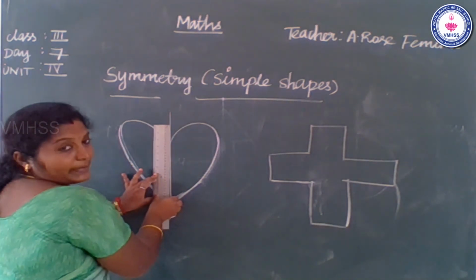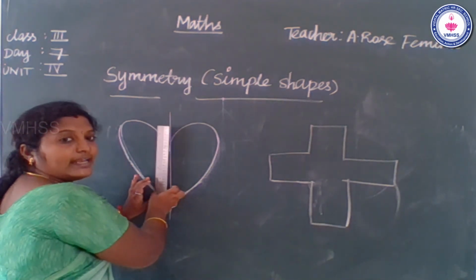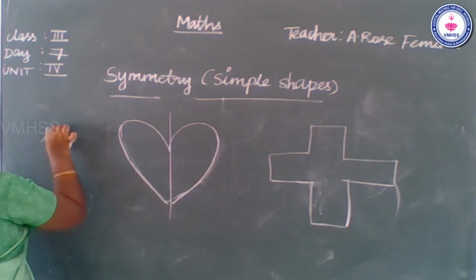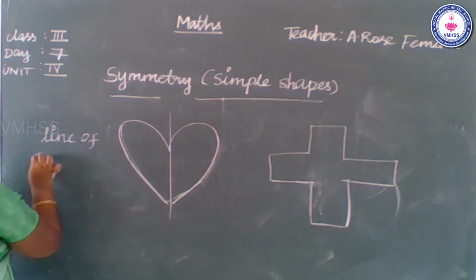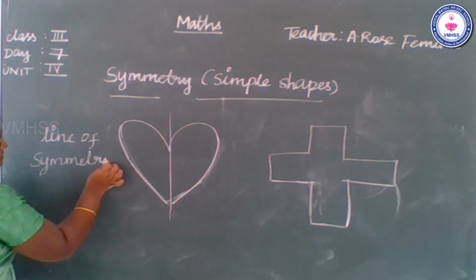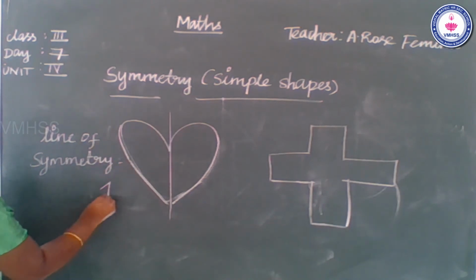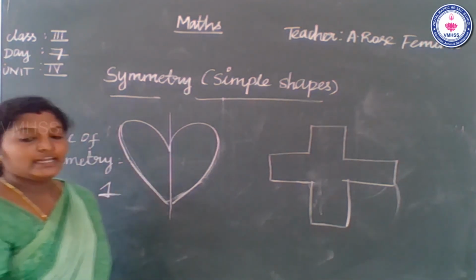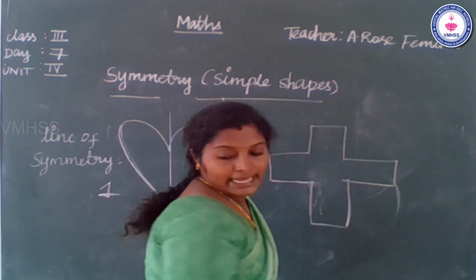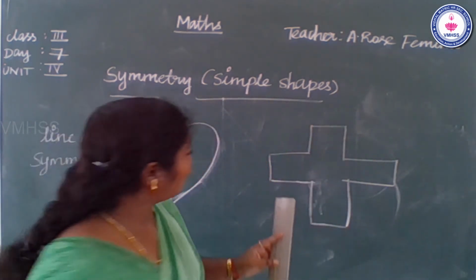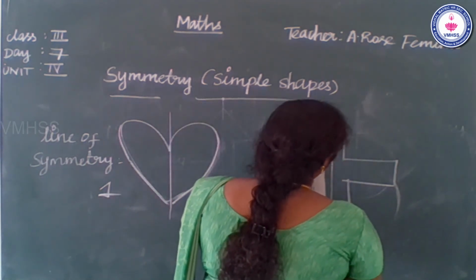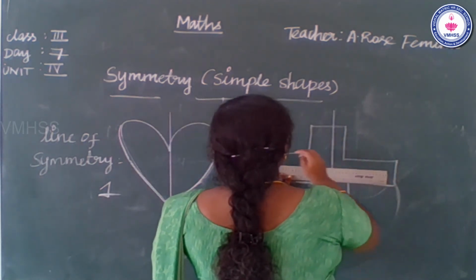So the line of symmetry is 1. Line of symmetry 1. And these have line of symmetry 4. So 2.